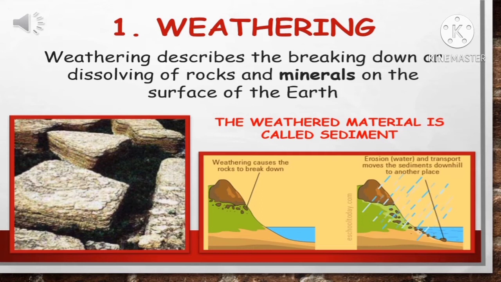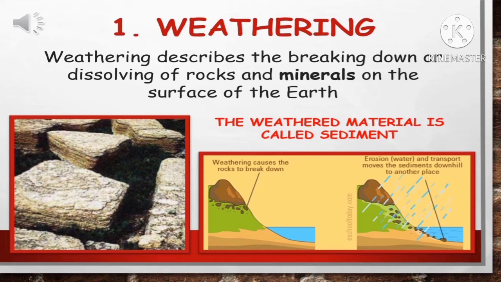The weathered material is called sediment. For example, dito po sa nakikita nating picture, pangalawang picture, weathering causes the rocks to break down. So, unti-unting magiging tiny pieces or it will result into tiny pieces of rocks.